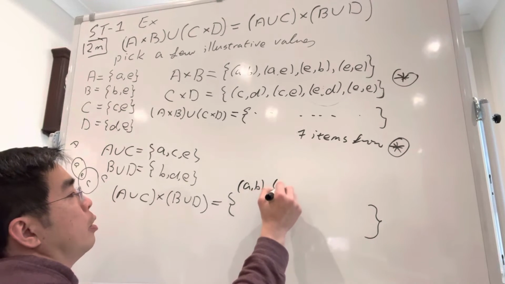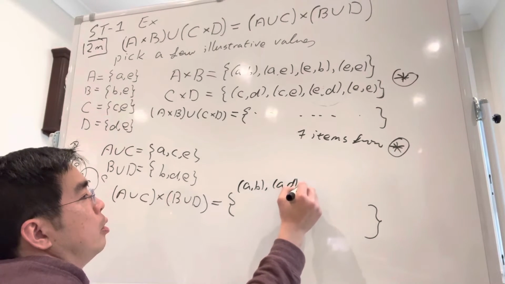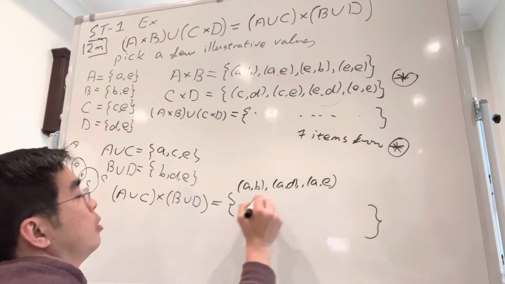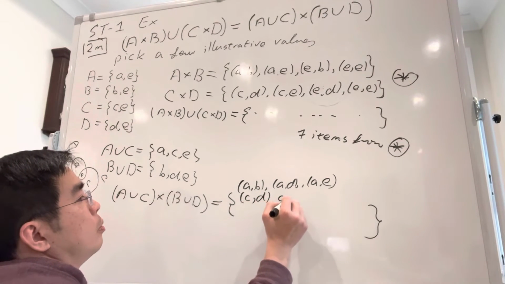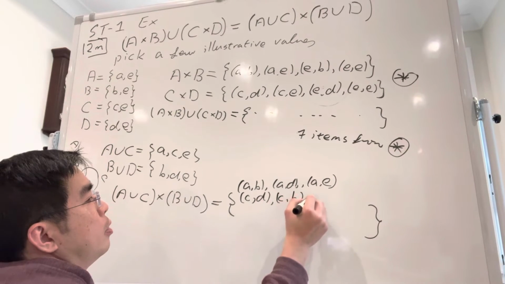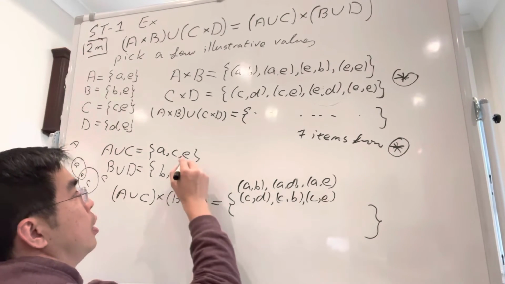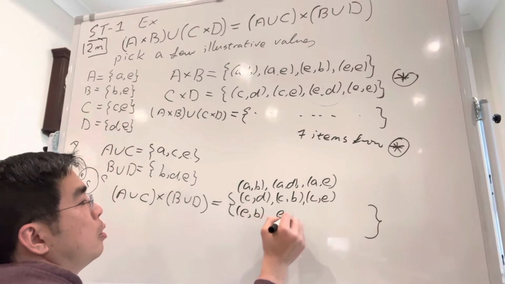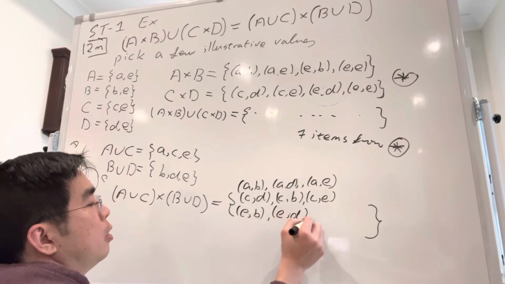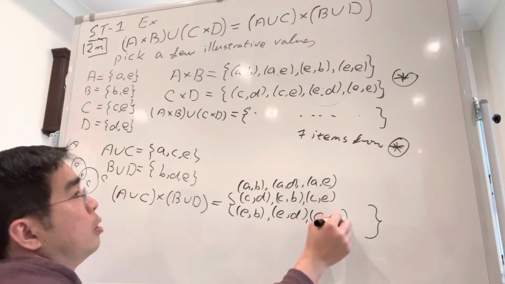AB, AD, AE, CD, CB, CE, and then finally EB, ED, and EE.